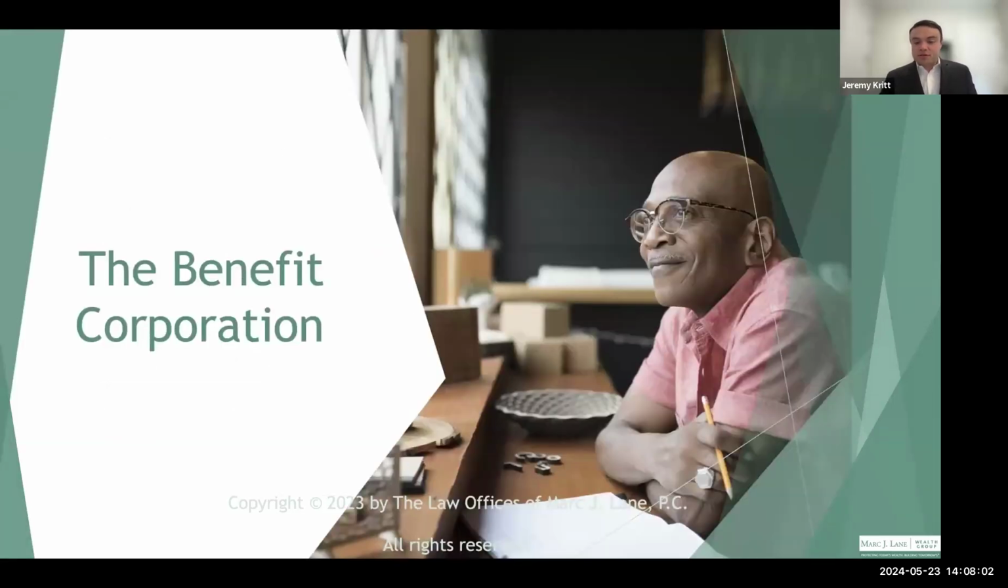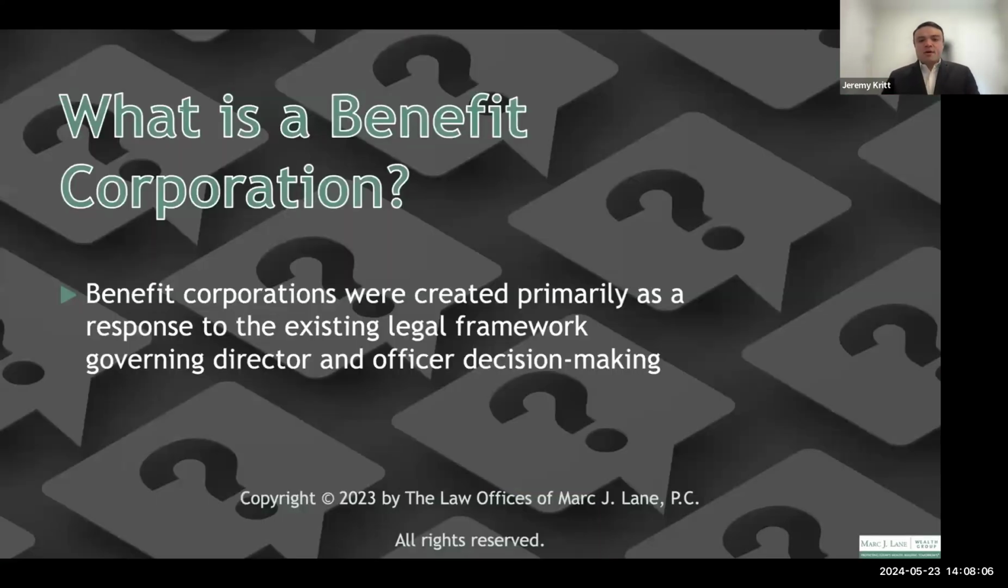So then that brings us to the benefit corporation. So what is the benefit corporation? Well, benefit corporations were created primarily as a response to the existing legal framework governing officer and director decision-making. Officers and directors of a corporation are generally considered fiduciaries of the corporation. Then, as fiduciaries, they have a duty to act in the best interests of the corporation.